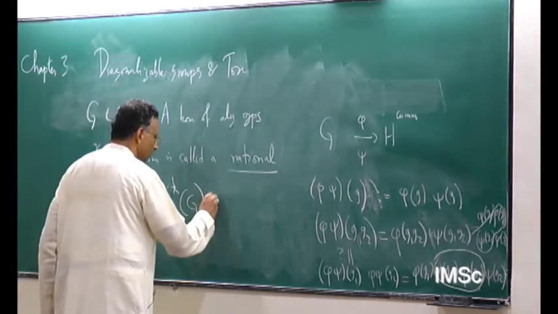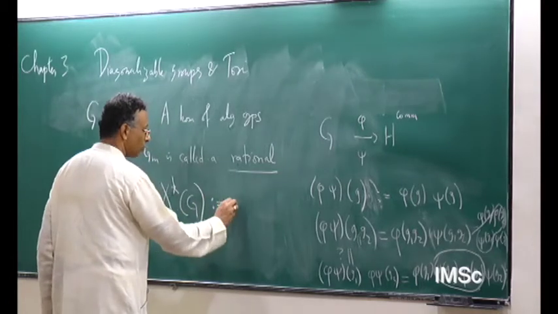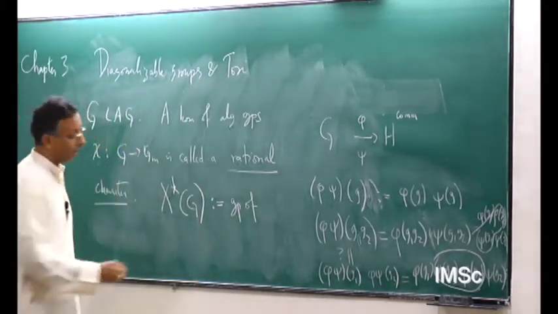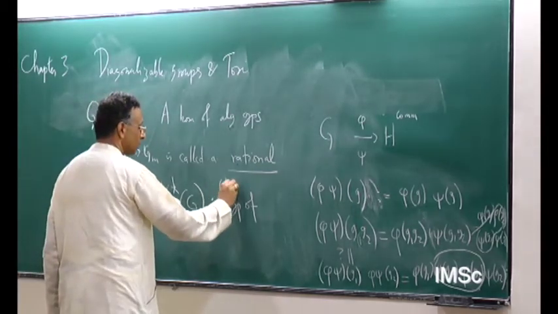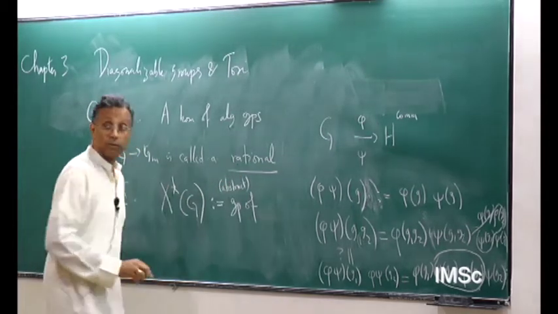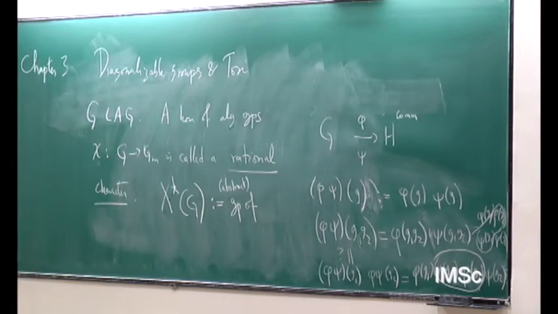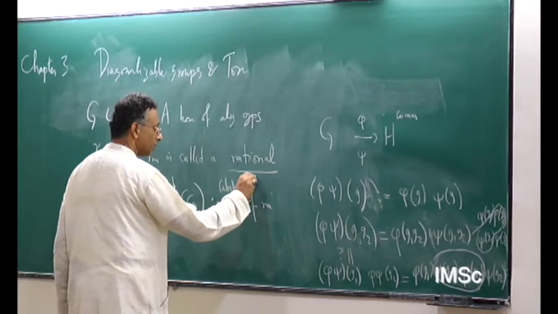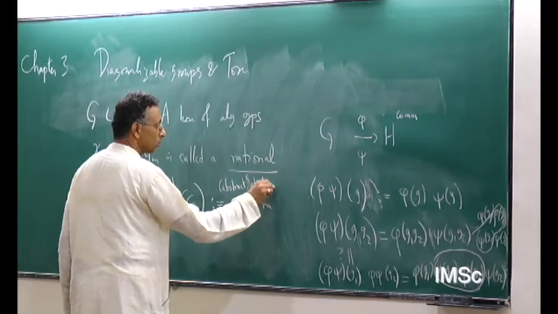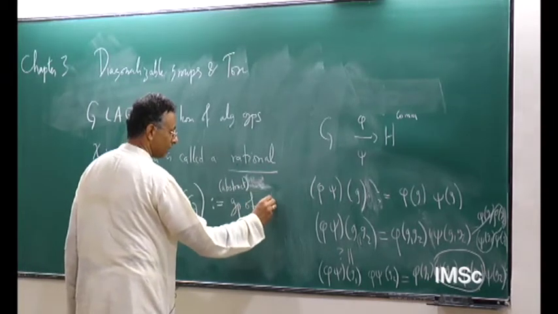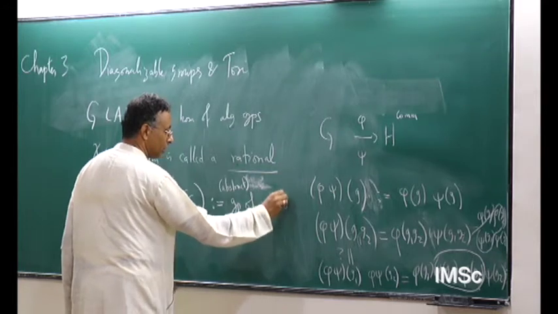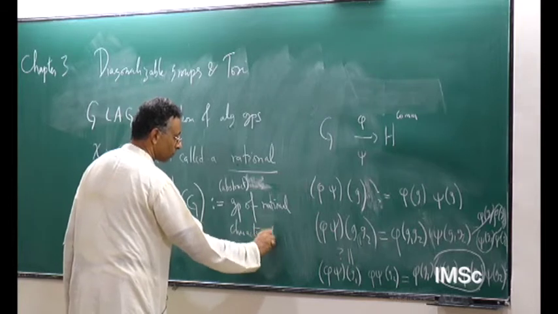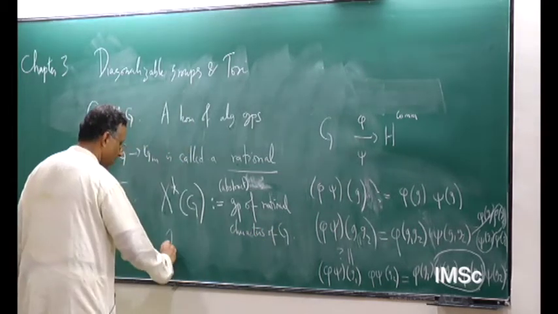So this is, by definition, the group of rational characters of G, as an abstract group only. This is an abelian group.